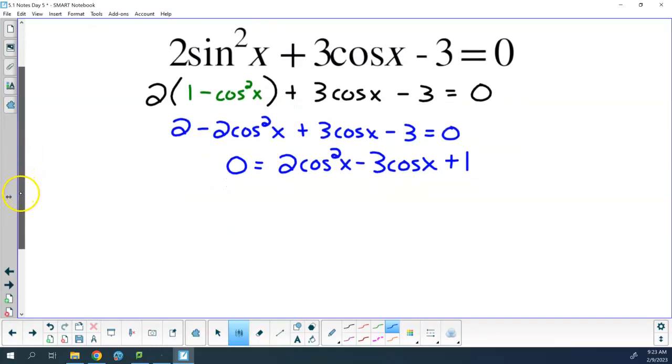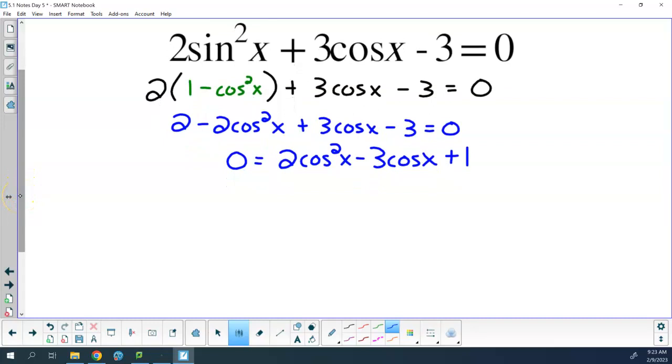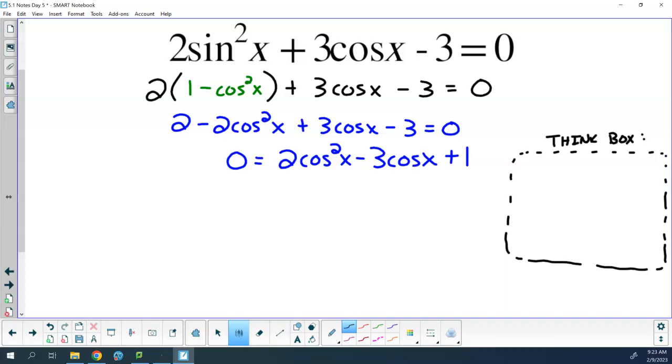Now what can we do? If I had a little think box off to the side, kind of like what we had yesterday. And if I said in my think box, 0 equals 2y squared minus 3y plus 1, and we had to solve that, thinking of cosine as our variable, what would we do?